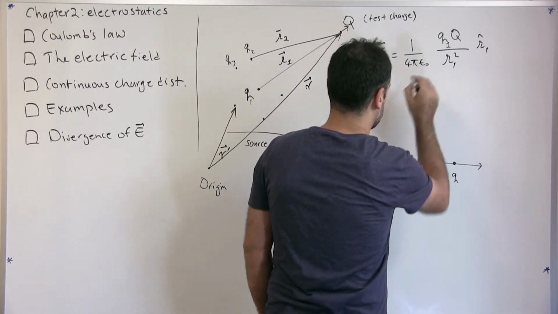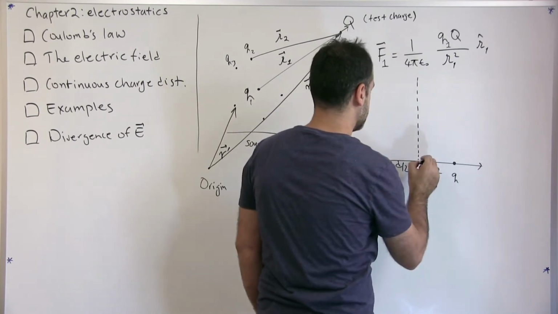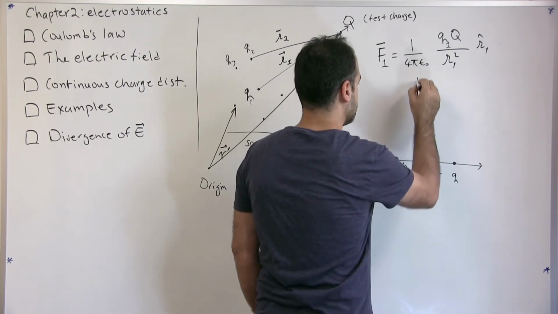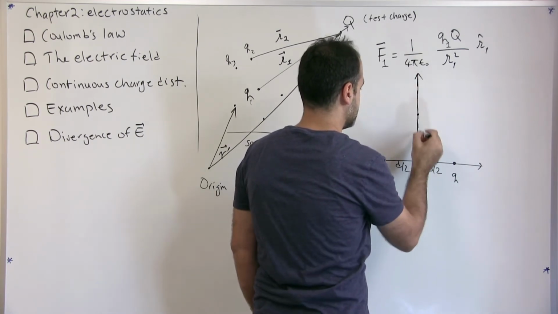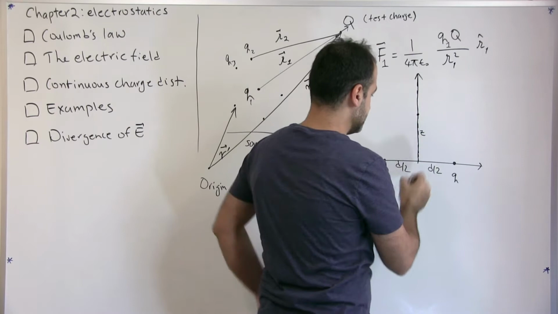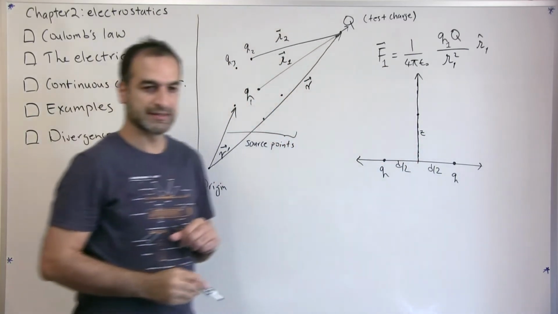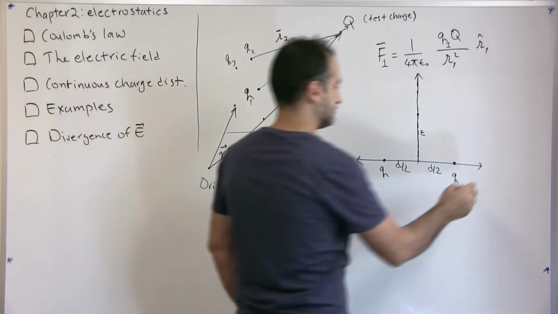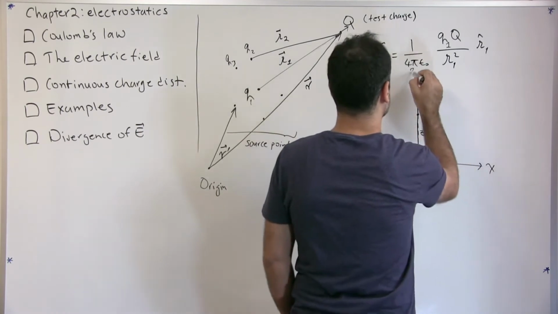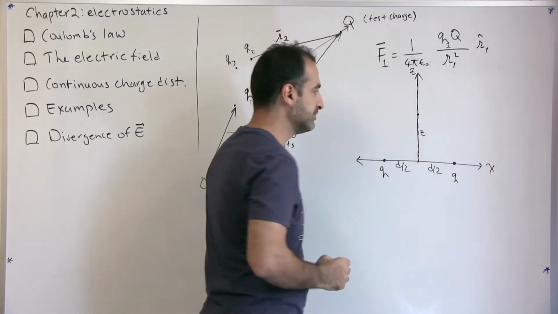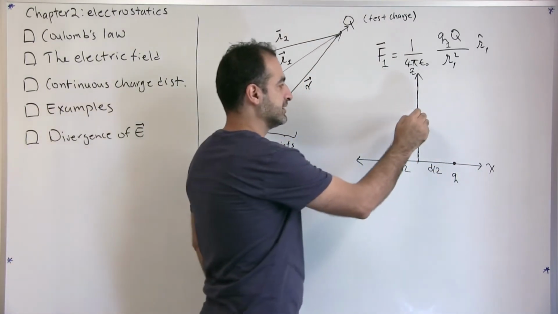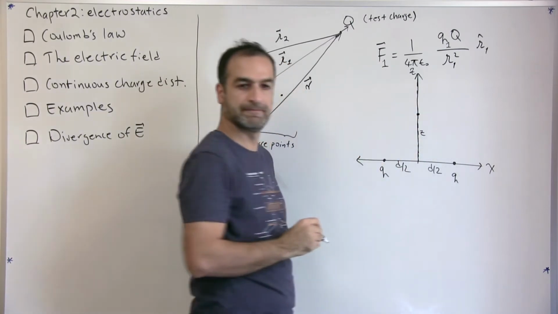Okay, and then you want to calculate the electric field at a position z above this axis. Imagine this is x, this is z. We have these 2 point charges, and we want to calculate the electric field right at this point.